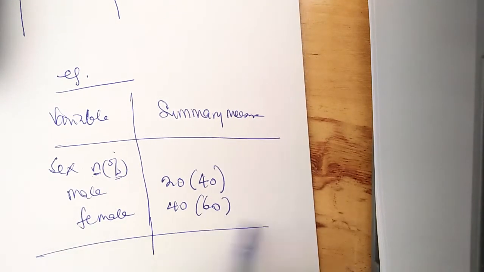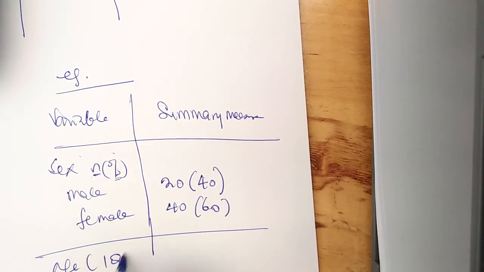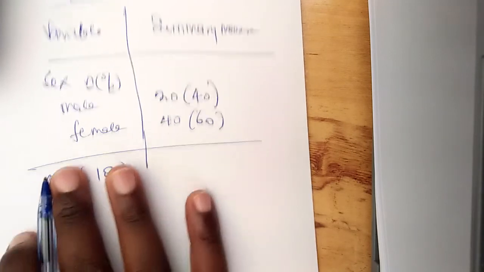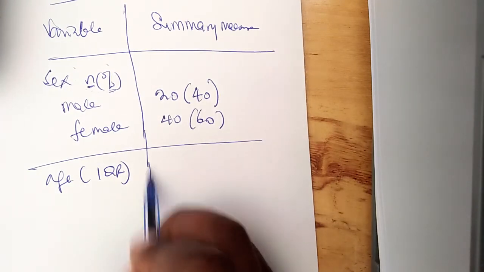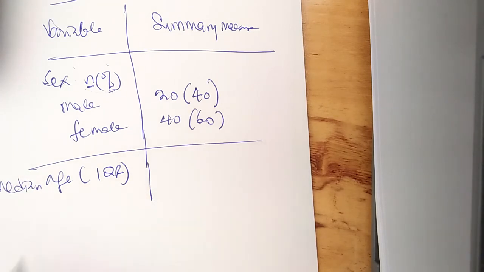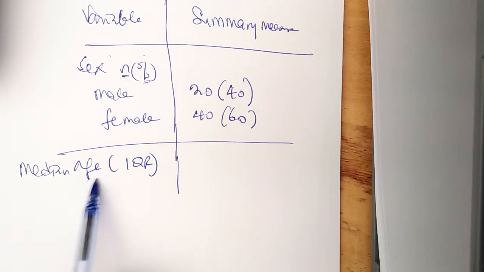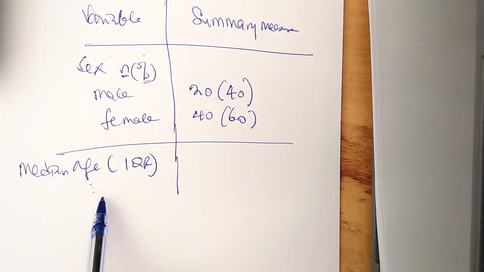Now this is to do with a categorical variable, but I can also say age, in brackets IQR, the interquartile range. See that? And so I can say median age, meaning the age was non-normally distributed. And they're going to ask me, what do you mean by non-normally distributed? Non-normally distributed means that the mean is not equal to the median.